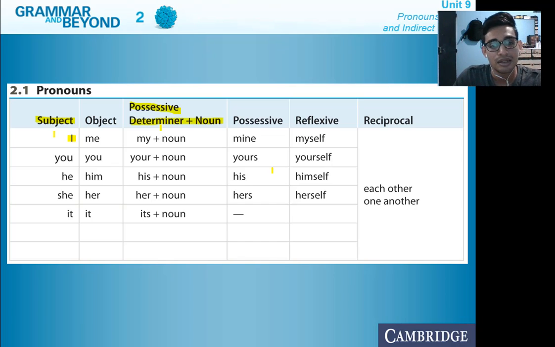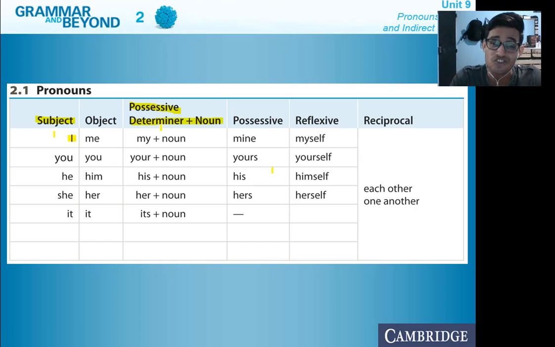its. In here we don't have a possessive pronoun for the subject pronoun it. Why? Because in English, animals and objects cannot possess a thing. We cannot say, for example, that a dog possesses something, because only humans can possess, okay?